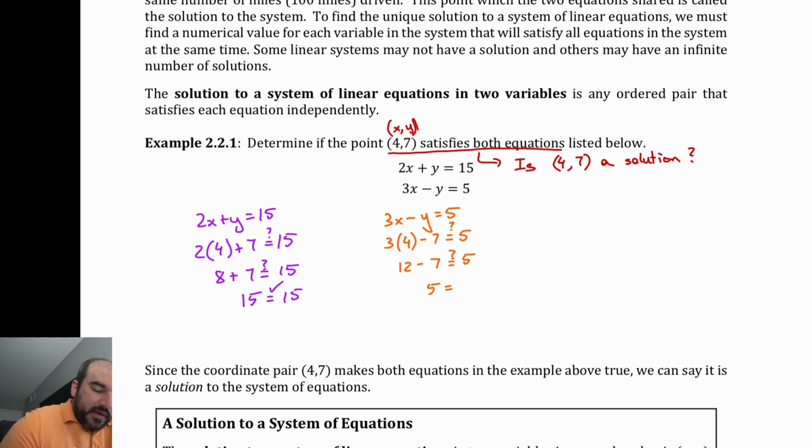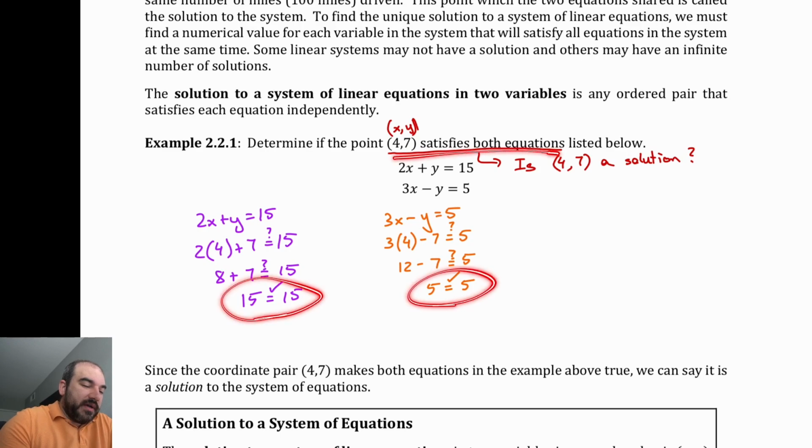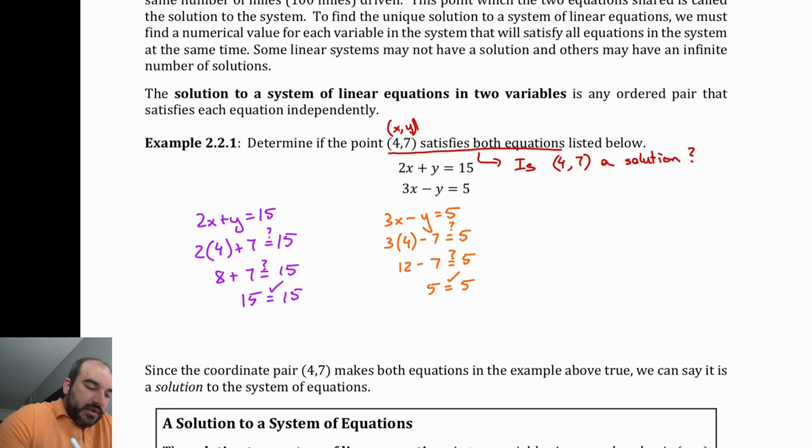And then 5 equals 5, and I know that's true, so I can put a little check mark above that one too. Once we've checked that both equations are satisfied, that's what the question was asking for, so the answer here is yes. (4, 7) satisfies both equations, which means (4, 7) is a point on both lines.